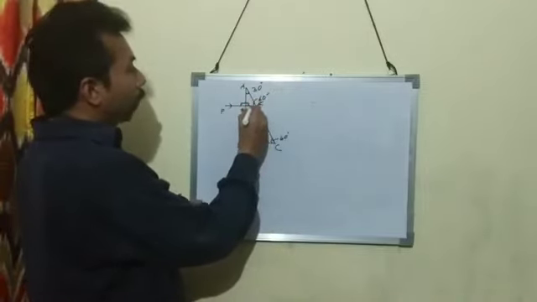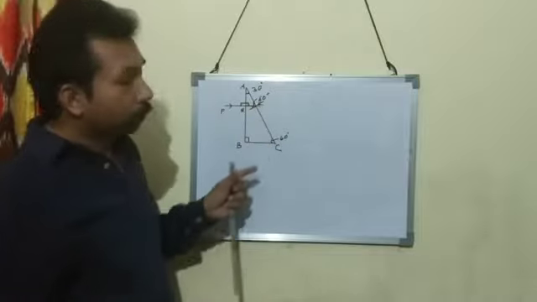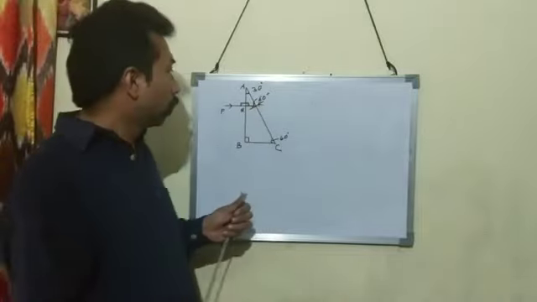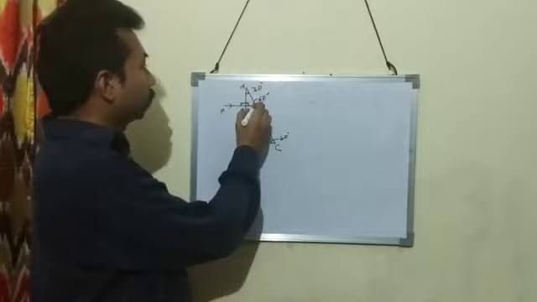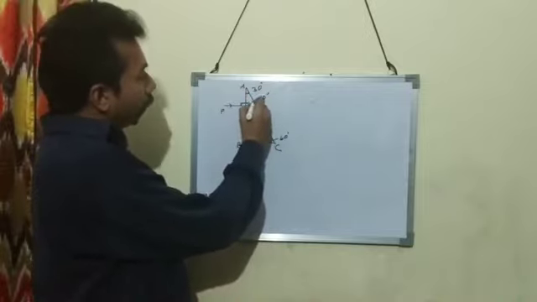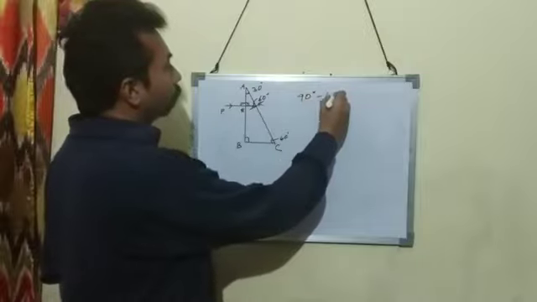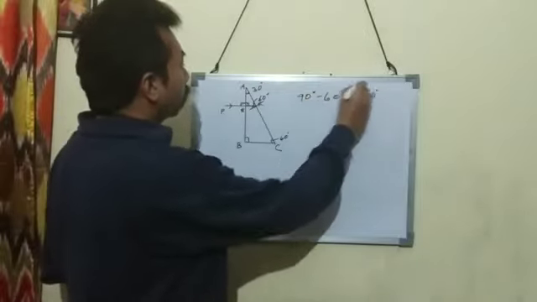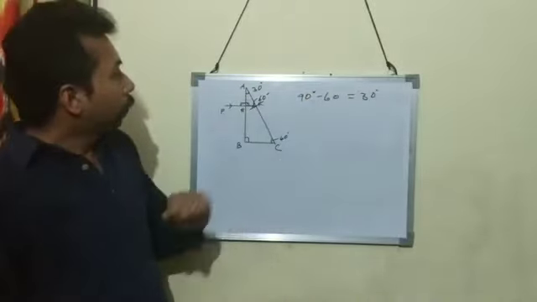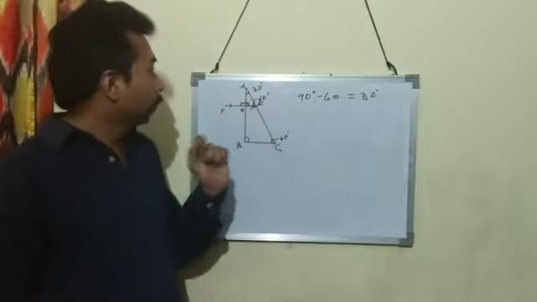So what is the angle of incidence on AC? It will be 90 minus 60, which is equal to 30 degree. 30 degree is the angle of incidence on surface AC.